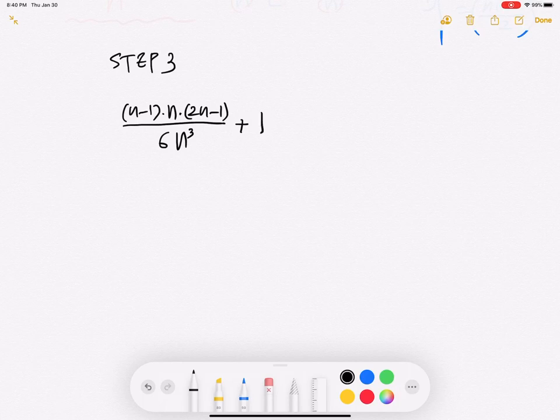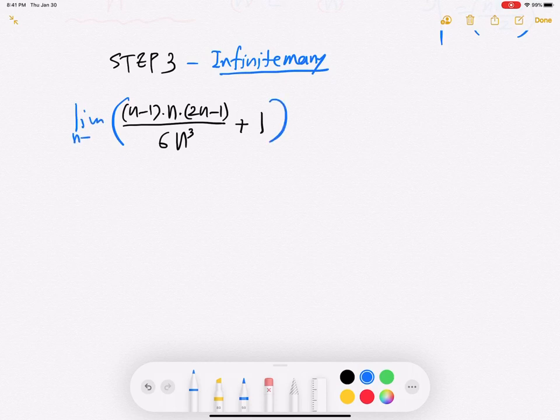That was the n rectangles area, right? Now what if we find the infinitely many rectangles area? Just put the limit as n approaches infinity on this. That means it's going to be the sum of infinite rectangles area. Very simple, right? You can use the limit. You learned the limit already.